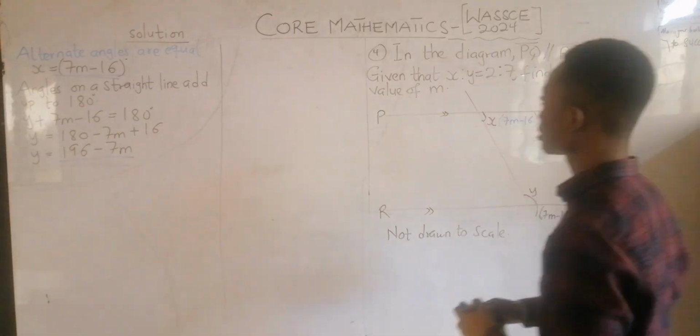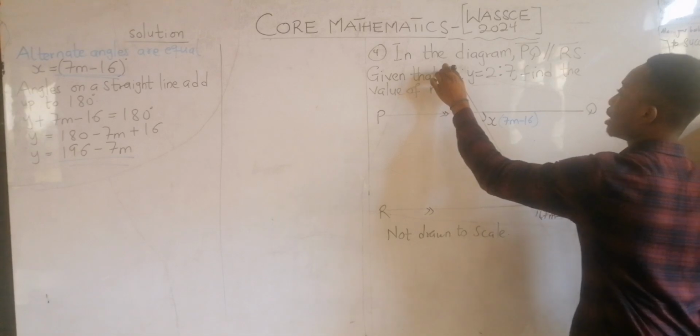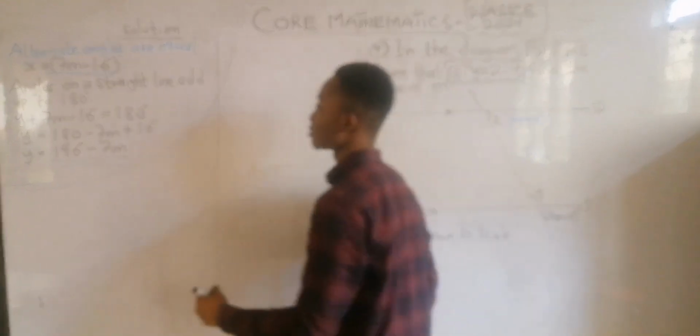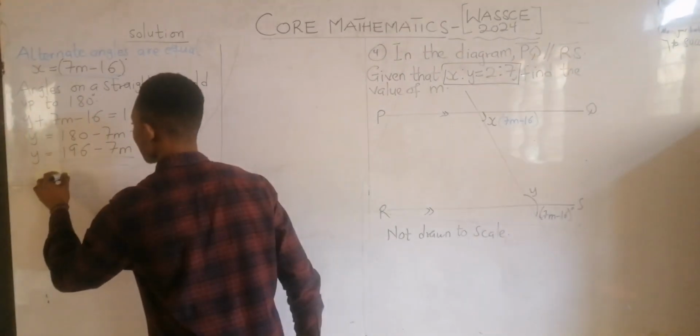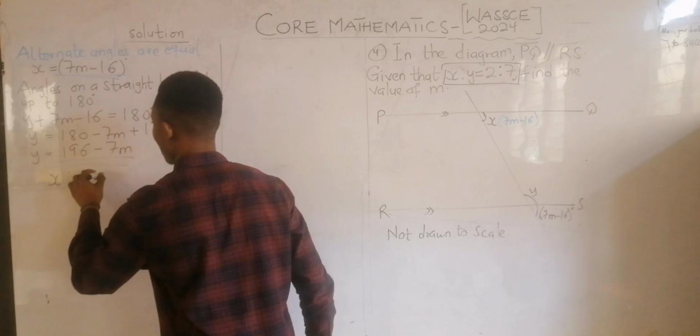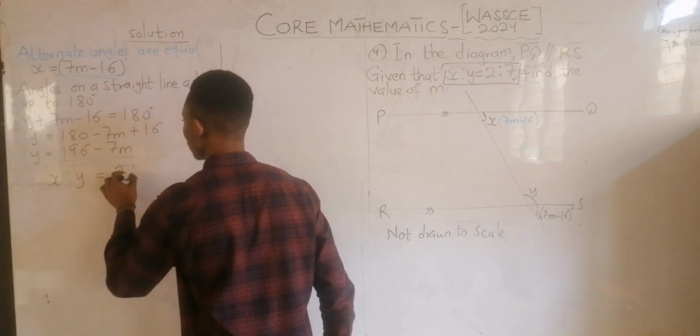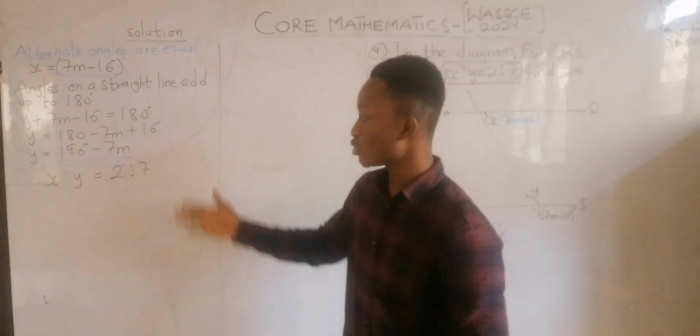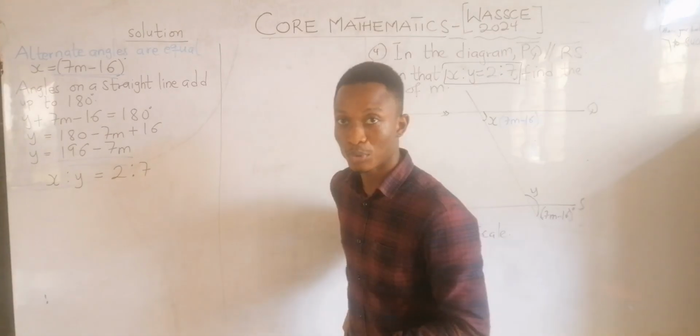In the question, it was said that x is to y is given by 2 is to 7. We recall in ratios that ratios are expressed as a common fraction.